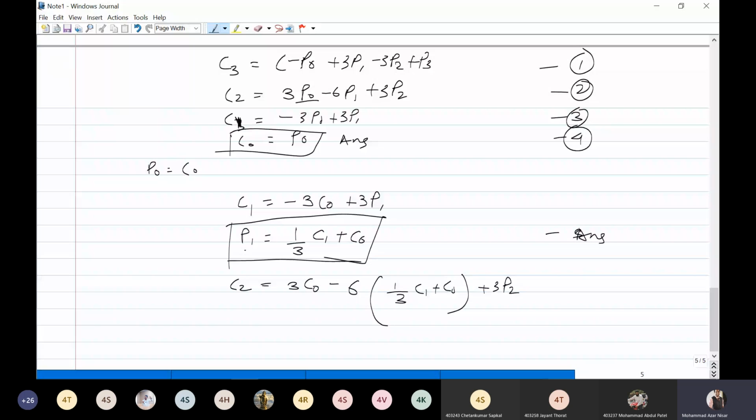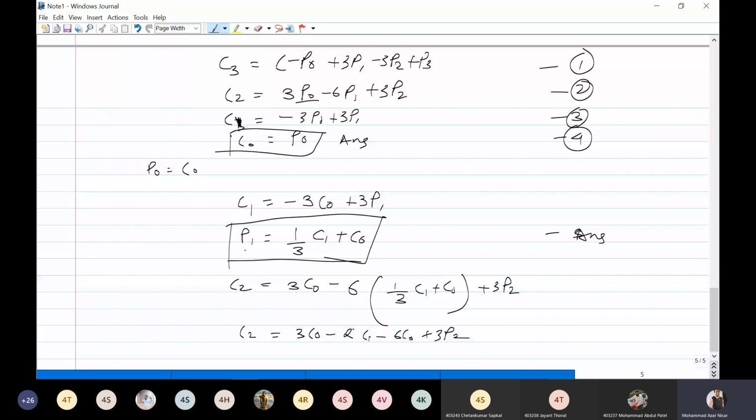After solving this, we get C2 equal to P0 minus 2C1 minus 6C0 plus 3P2.